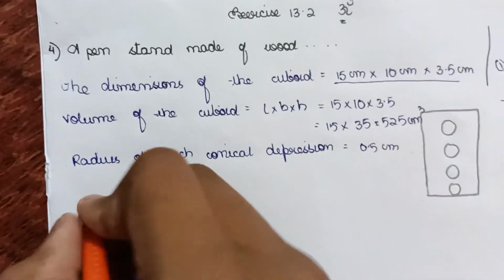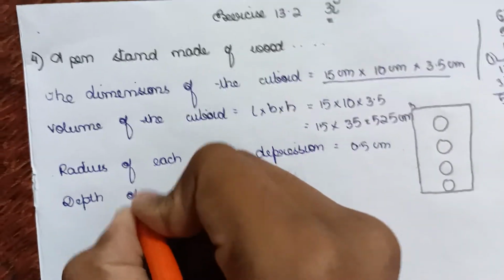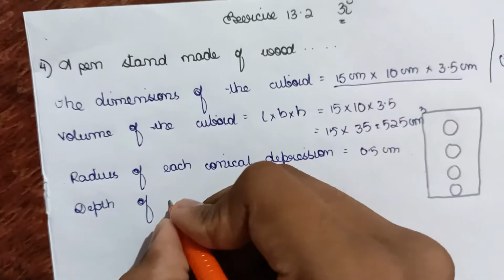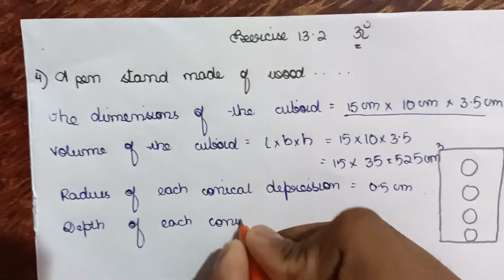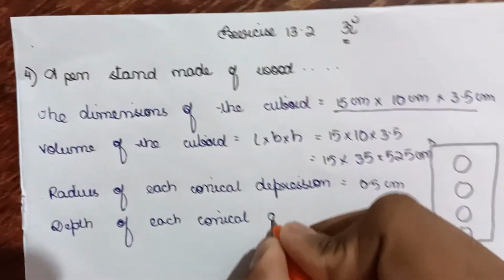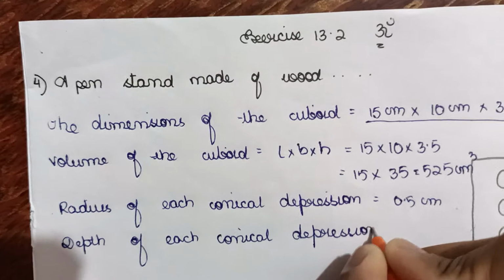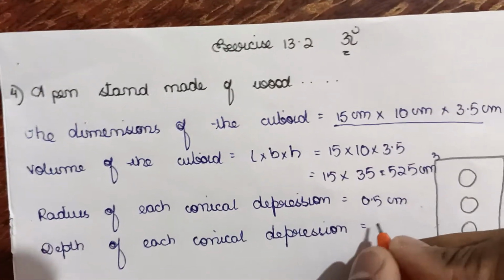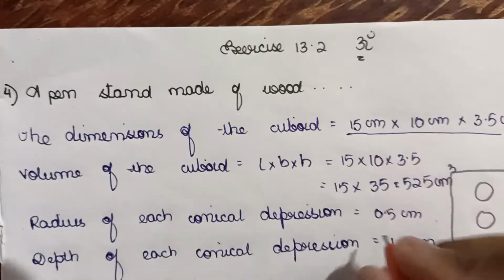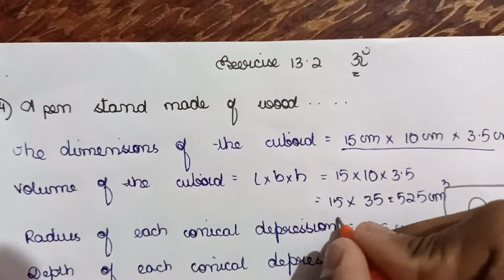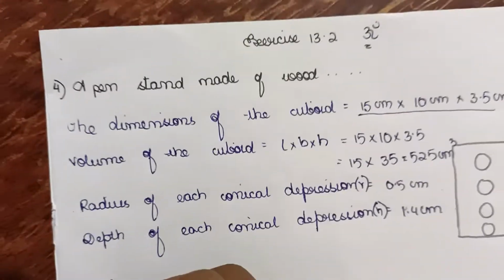Then let's write the depth of each conical depression is equal to 1.4 centimeters. So this is the height and this is the radius given. So now let's find the volume of a cone.